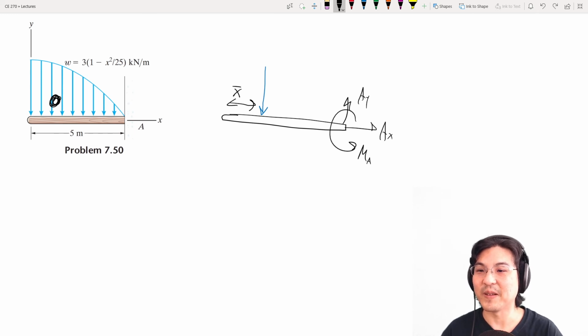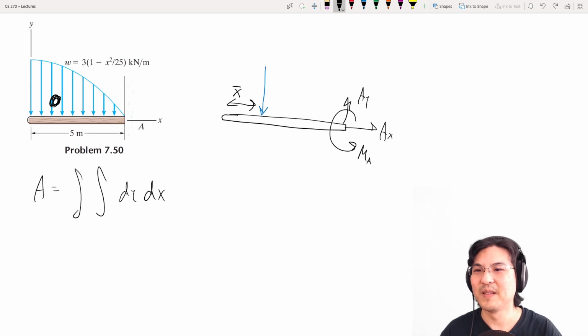For the area, you just integrate dy dx, where y goes from here to here. So y goes from 0, which is this, up to this function, which is this. You just write that here.